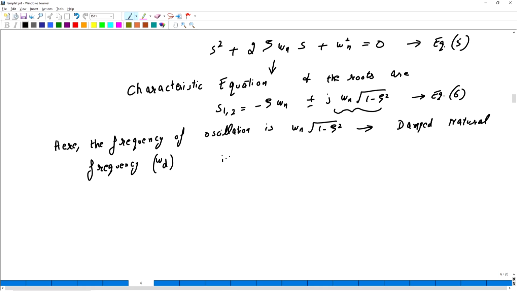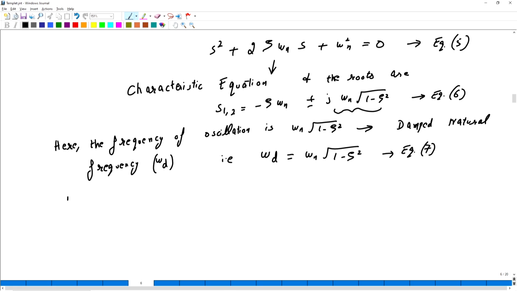So that is omega d equals omega n square root of 1 minus zeta square. Let us represent this as equation number 7.